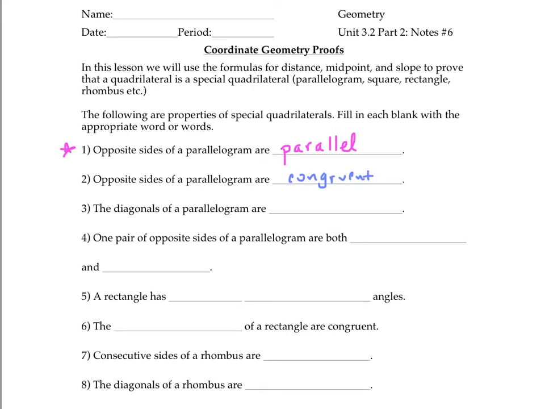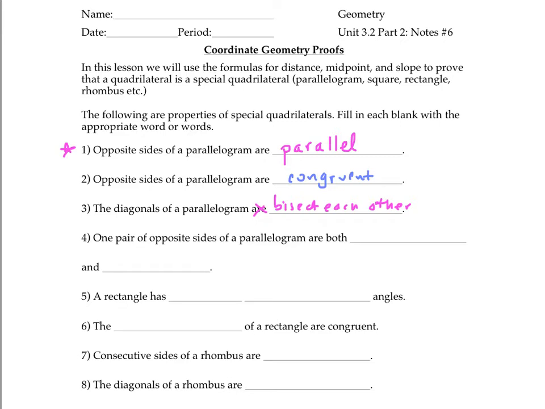And number three, we have a typo. It says the diagonals of a parallelogram. We're going to cross out the word are, and we're going to fill in the blank with bisect each other. Again, the diagonals of a parallelogram bisect each other.